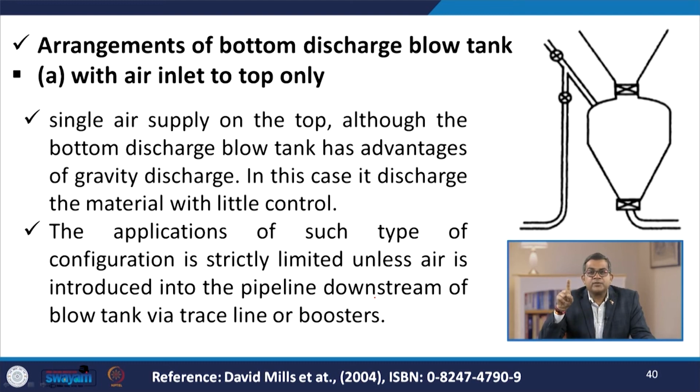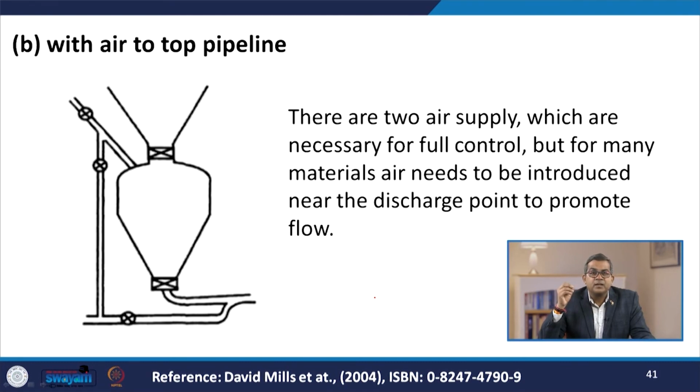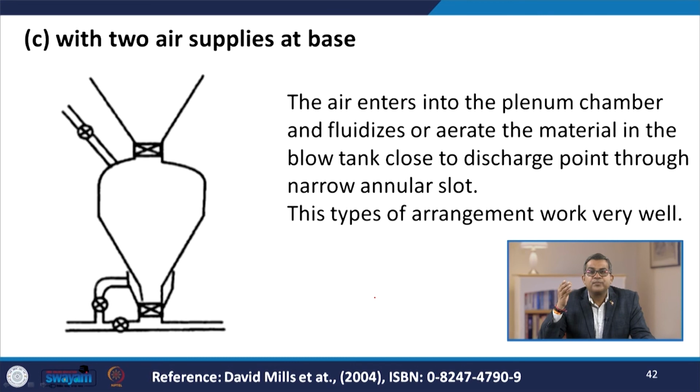The application of such a configuration is strictly limited unless air is introduced into the pipeline downstream of the blow tank via trace line or boosters. Another class is that with air to top and pipeline, there are 2 air supplies which are necessary for full control, but for many materials air needs to be introduced near the discharge point to promote the flow.